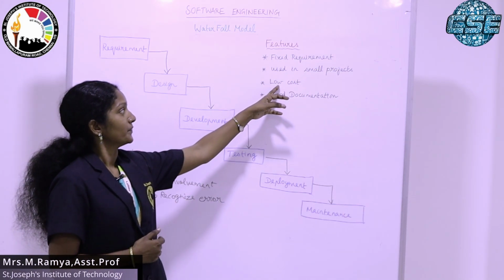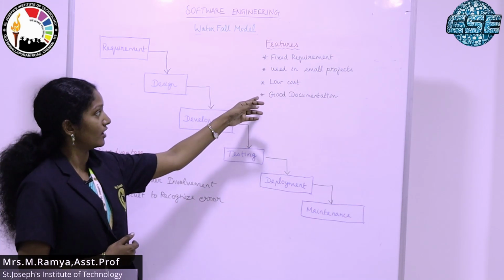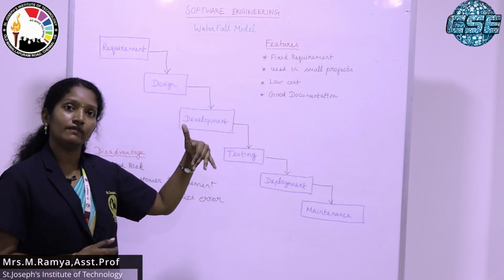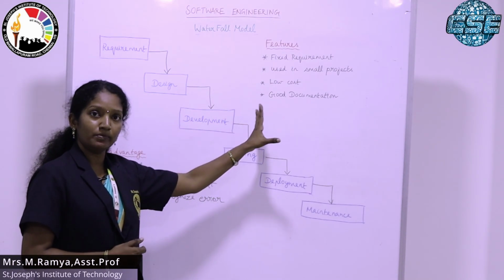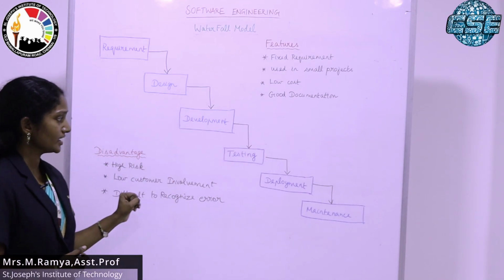The next one is low cost. Since they are small projects, the cost is very low, so everyone can access this model. The documentation is also very good in the waterfall model.